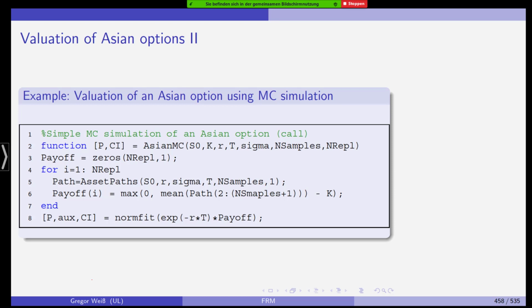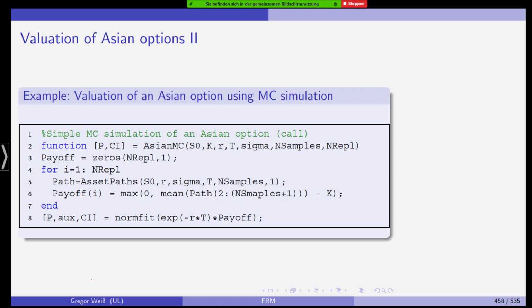Very simple code. The function is called Asian MC. We have a starting underlying price S0, then strike, interest rate, maturity, again the number of samples we take and the number of replications, and the payoff is first of all a vector of zeros.